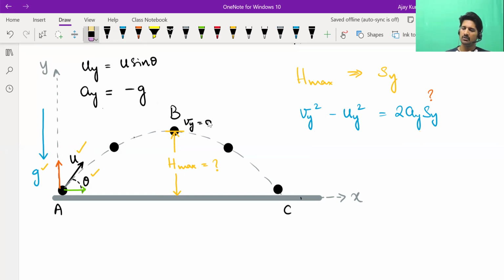Okay, now do it all of you. You know how much is velocity in y direction at point B. You know how much is velocity in y direction at point A, that is initial velocity is y component. You also know acceleration in y direction. You need displacement in y direction. Derive this quickly, all of you. Derive the expression for Hmax. Some of you may be knowing it already, but do it now.